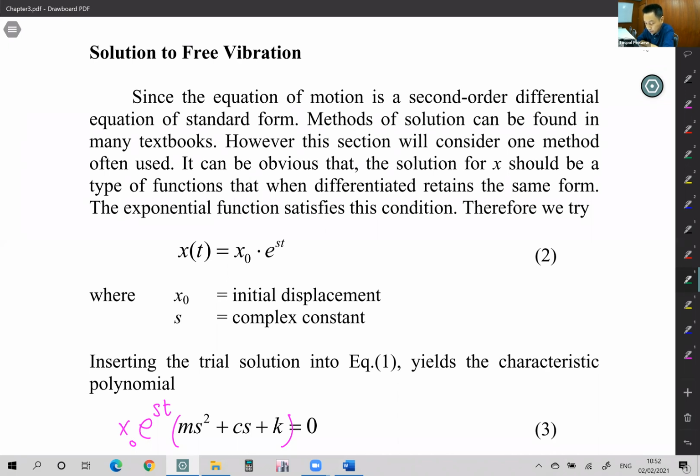This is because if you perform the derivative of the exponential function, your result will be the same form as the original, right?